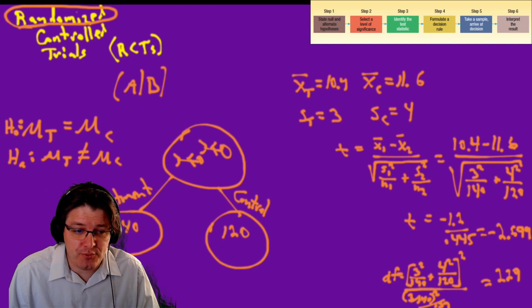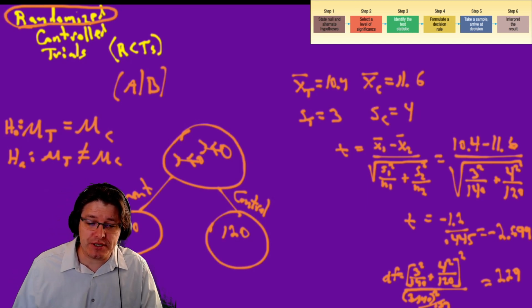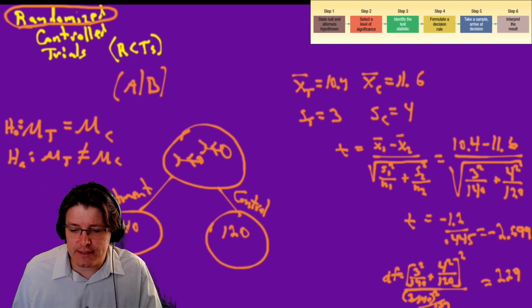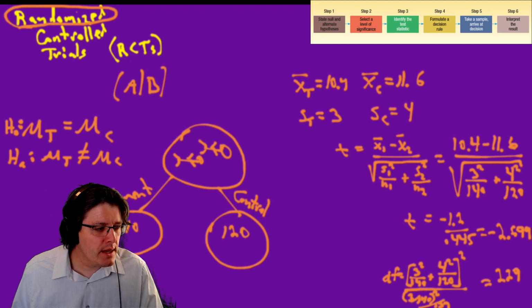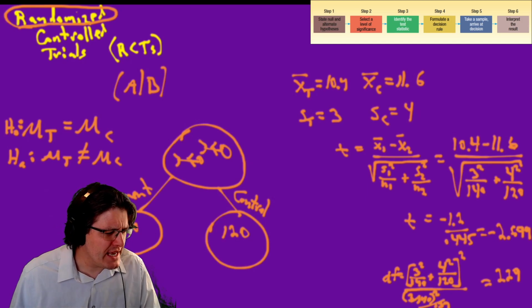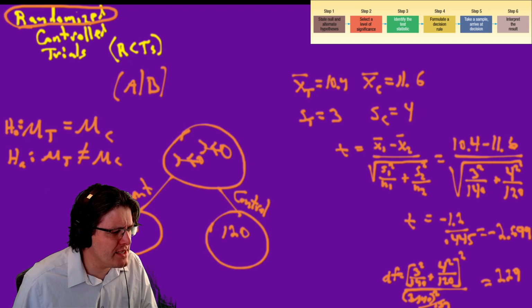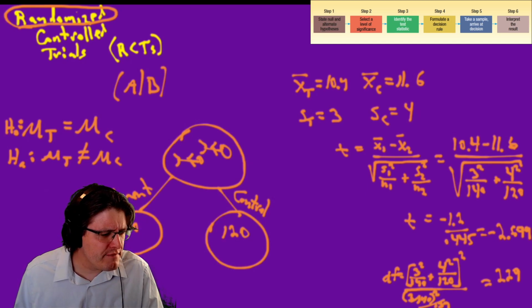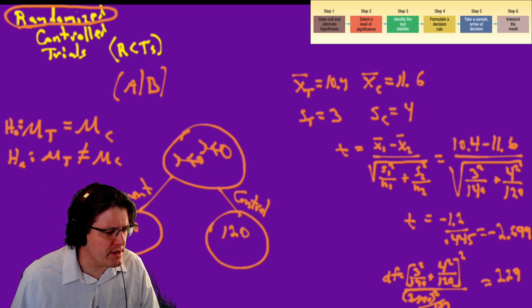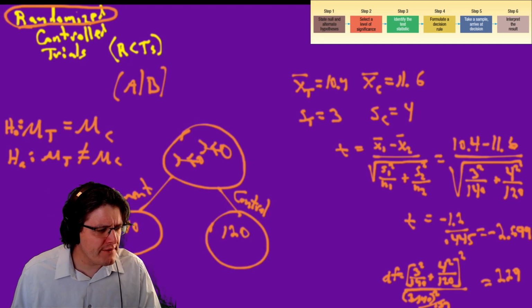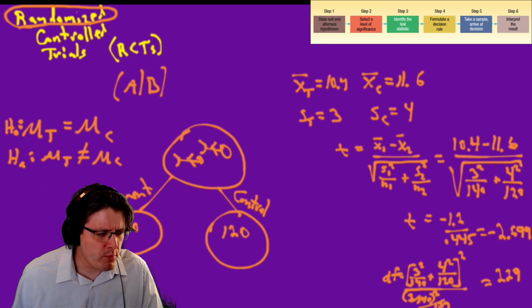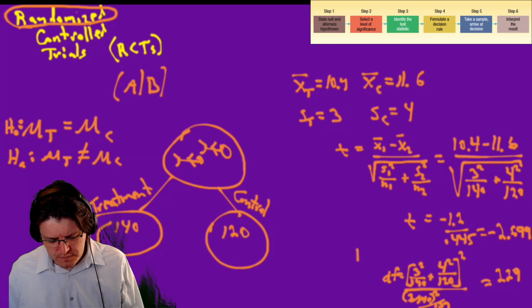In this case, it doesn't really matter because we have such a high degrees of freedom that it's not going to wildly alter. We would go to the t value and say, the t for a two-sided 5%, let's say we're using 5% significance, is 1.972.